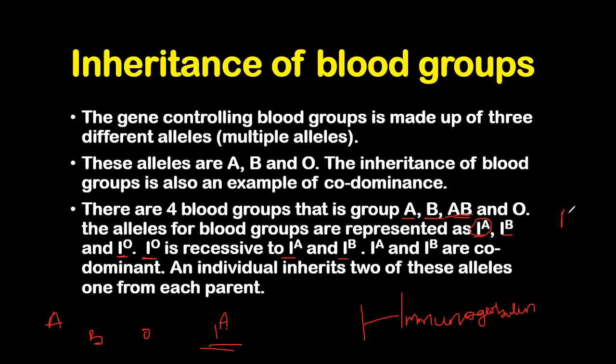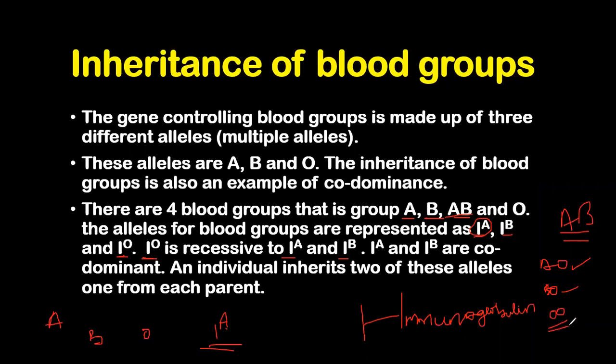That's why when you have AB, this is blood group AB. But IO is recessive, so if you have AO, then this is blood group A. If you have BO, then this is blood group B. But for you to have blood group O, you must have O and O.